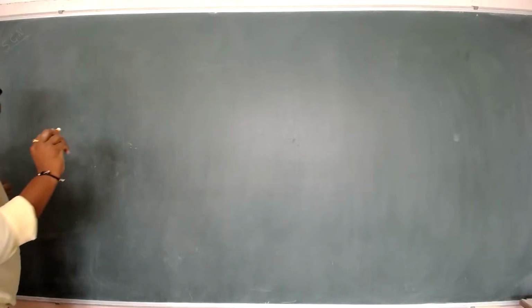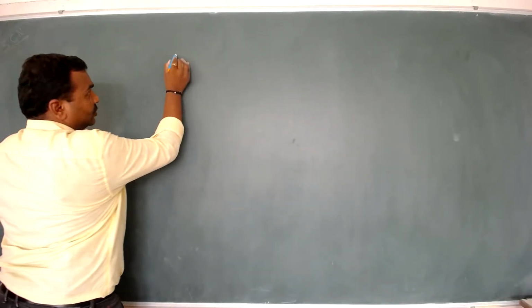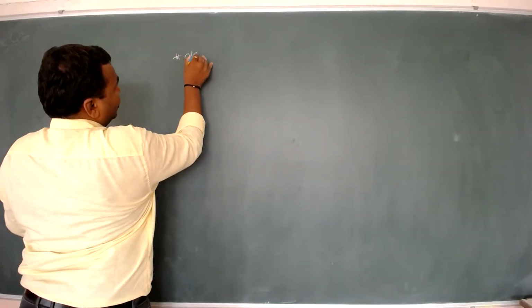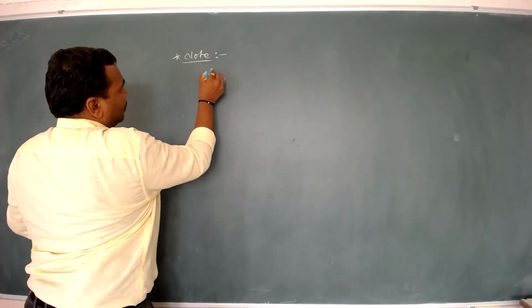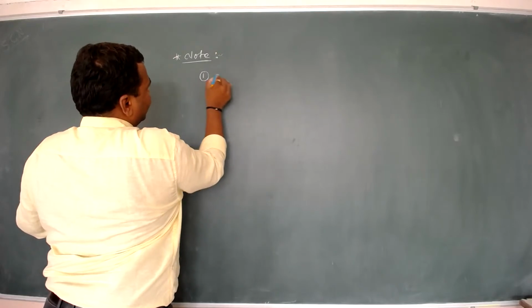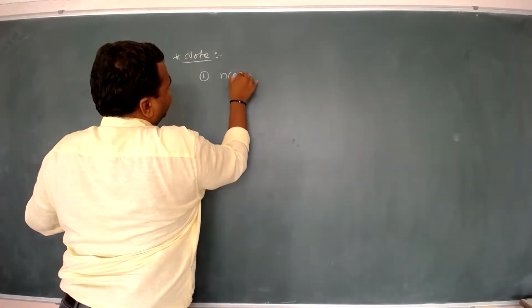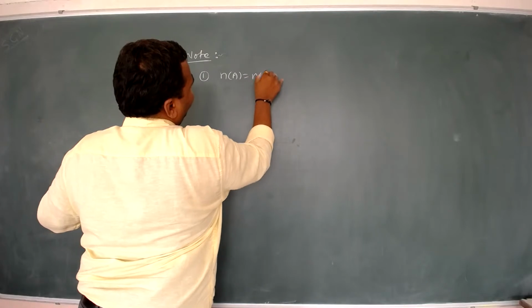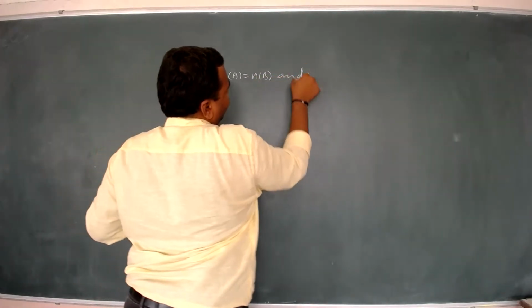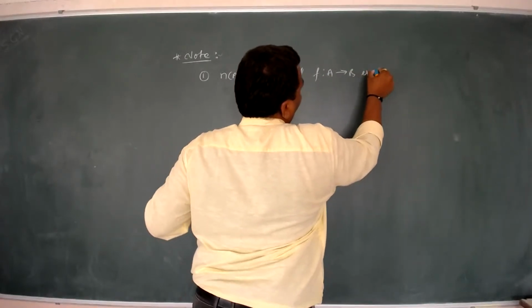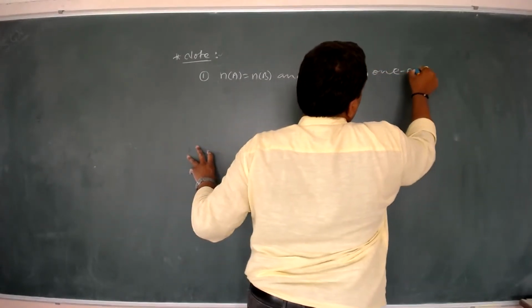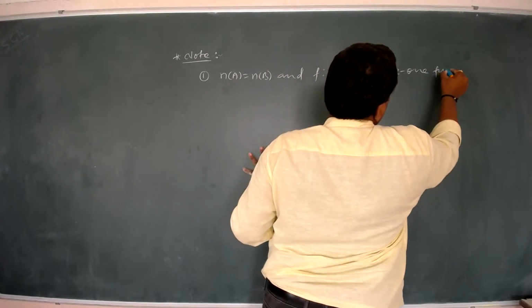Two most important pieces of information are there. Now we will discuss those and we will stop today. Note. First one: n of A is equal to n of B and f from A to B is a 1-1 function.